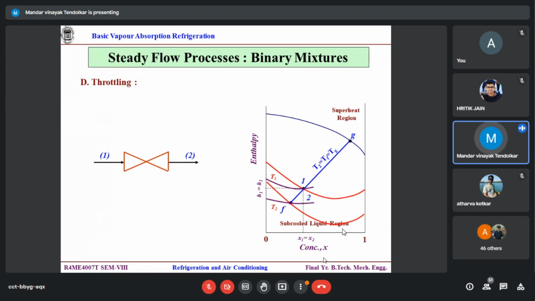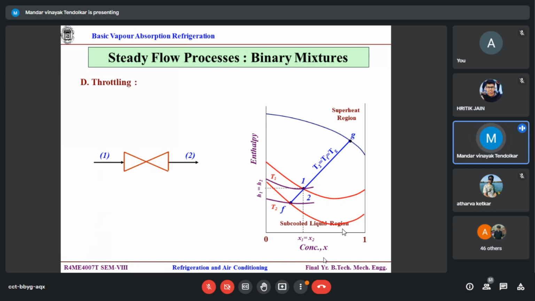Now your X1 equals X2, H1 equals H2. So your points 1 and 2 will coincide, but your point 2 is now in two-phase. Let's say 1 is saturated. Naturally after the expansion your pressure reduces, so your P2 is on the lower side. So point 2 is not at the same temperature, because your pressure is reduced, and it is in the two-phase zone.